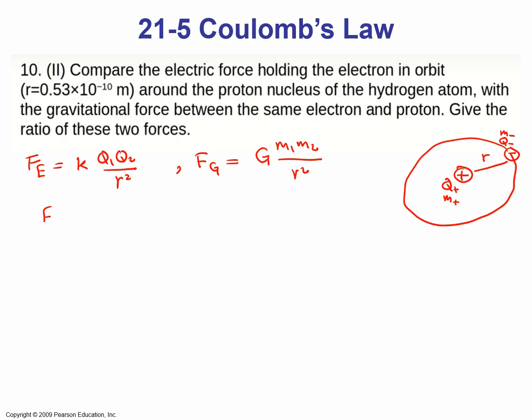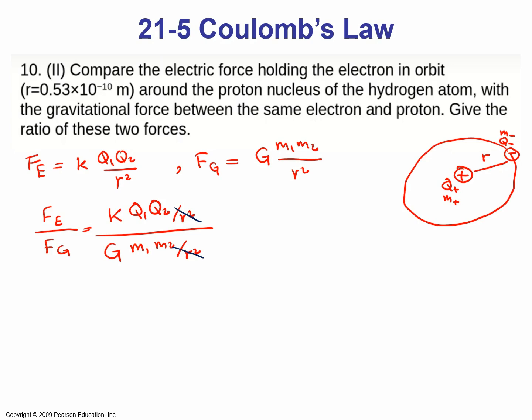Their separation is equal to r for both F sub G and F sub E. So if we take the ratio of the electric force and the gravitational force, the r squares in the denominator will cancel out. In the numerator we will have K Q1 Q2 divided by R squared, and in the denominator G M1 M2 divided by R squared, so the distances will cancel out.